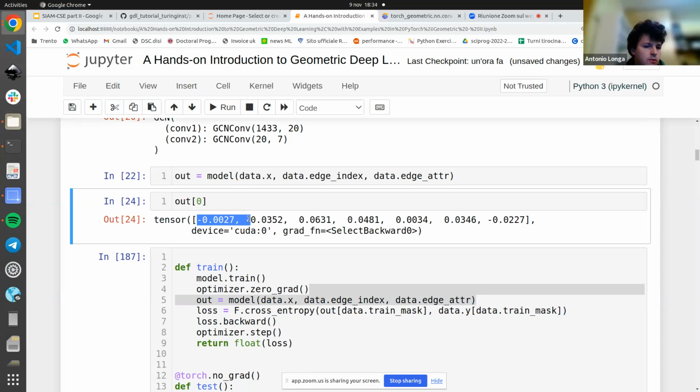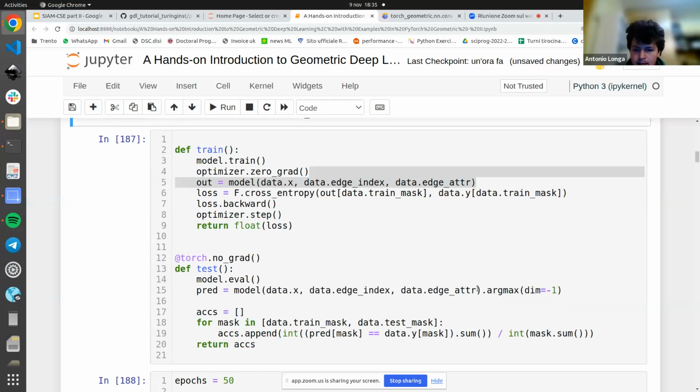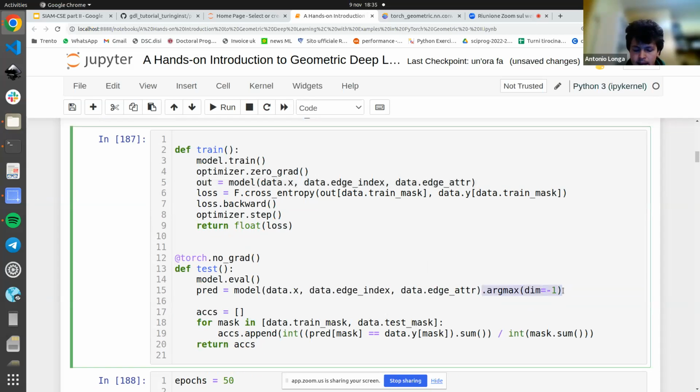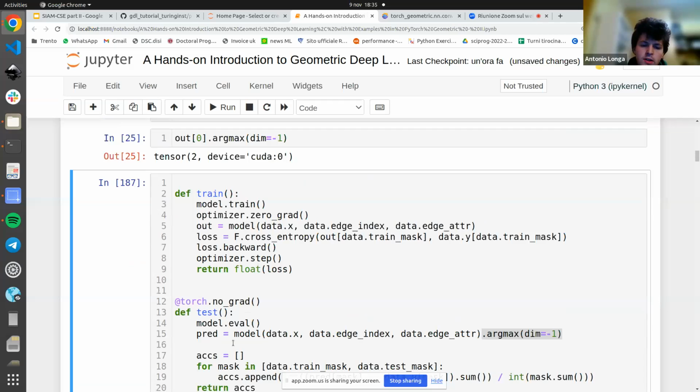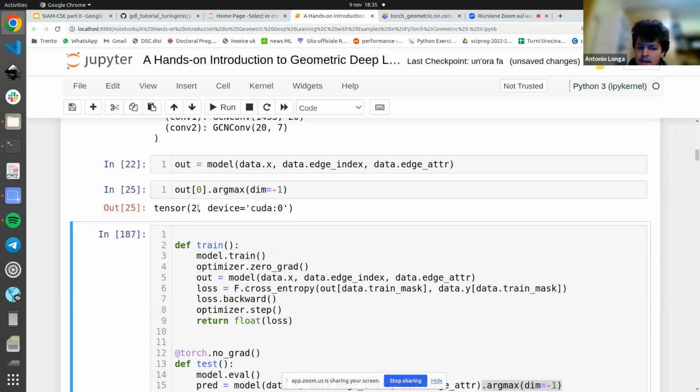It's not trained so far. So what we are doing is applying argmax so that instead of having this entire vector here, it returns only the position of the maximum value. So this one, the one in position number 2.